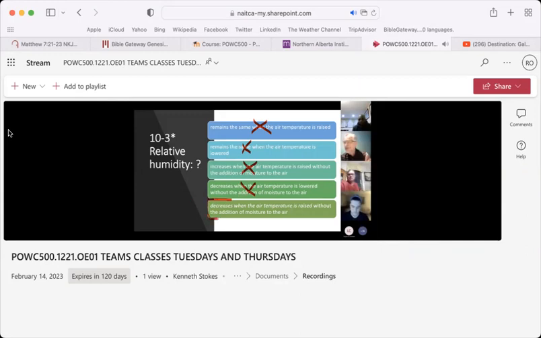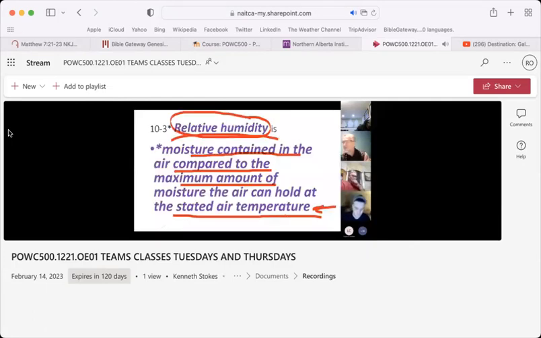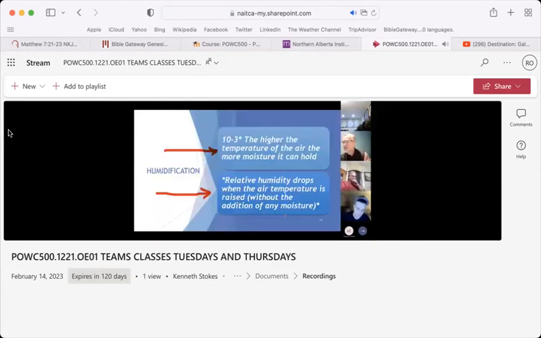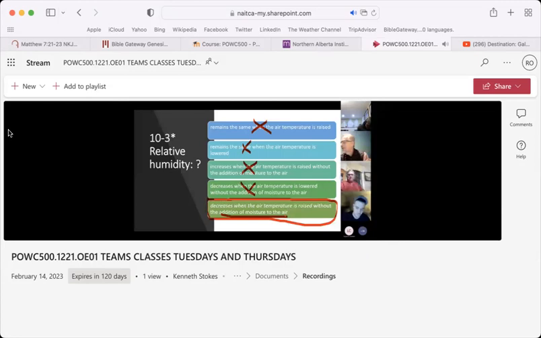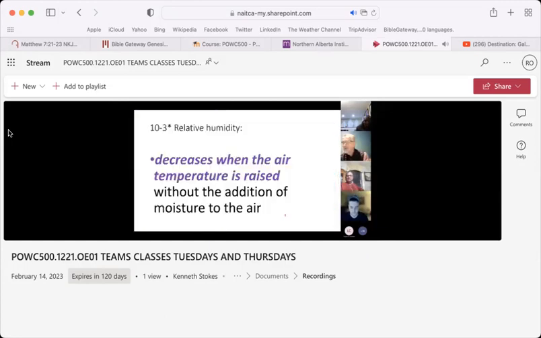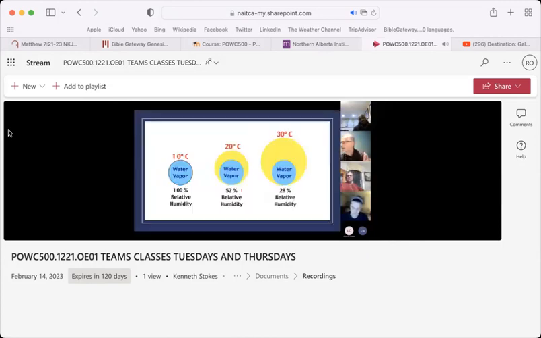Relative humidity decreases when air temperature is raised, considering that we're just raising the temperature and we've not added any moisture. So the opposite of dropping air temperature and relative humidity increasing: relative humidity decreases when air temperature is raised.